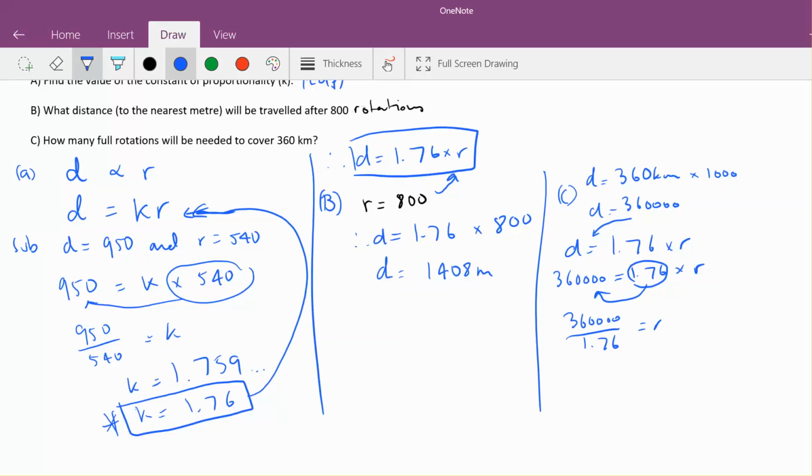So r equals 204,545.45. But we want full rotations, so we just have to go to the next one and round that up to 204,546 full rotations.